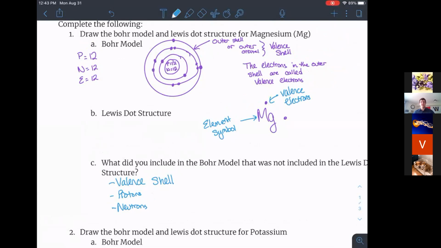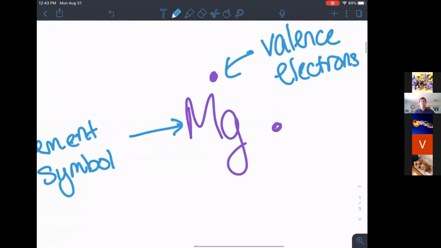There should be one more thing. Let's look at our Lewis dot structure. What besides the element symbol do we see on that Lewis dot structure? What are these called again? Electrons. What kind of electrons? Valence electrons.